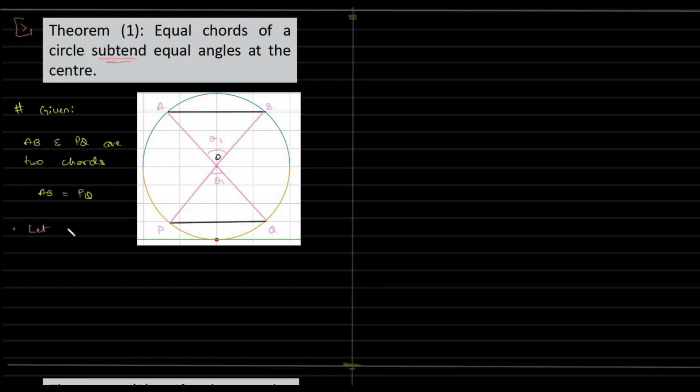Then we are taking let theta1, theta2 be the angles subtended by the chords at the center.